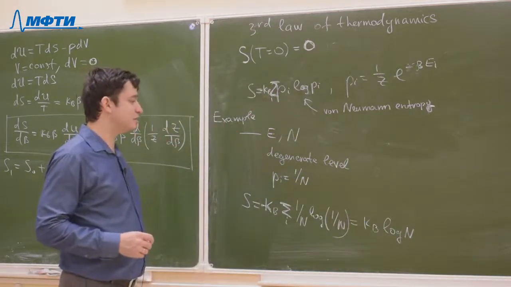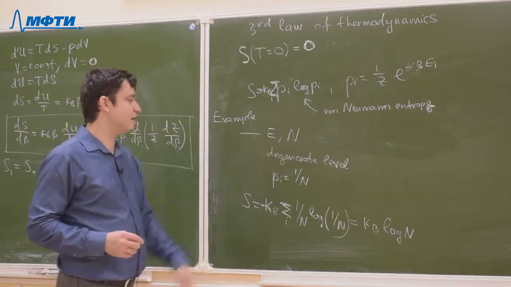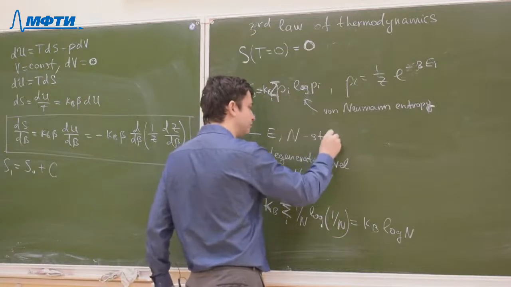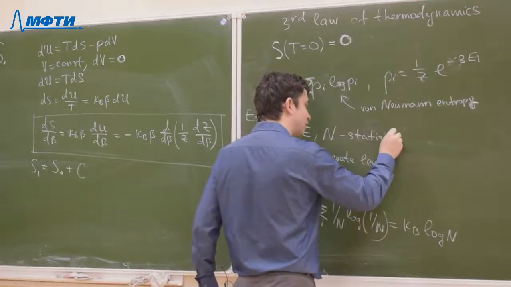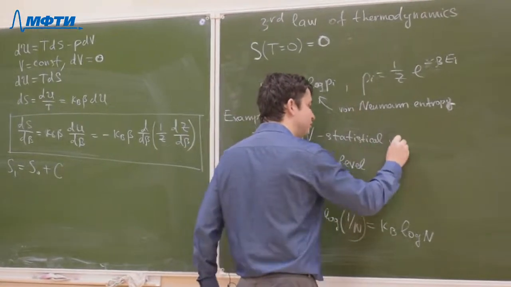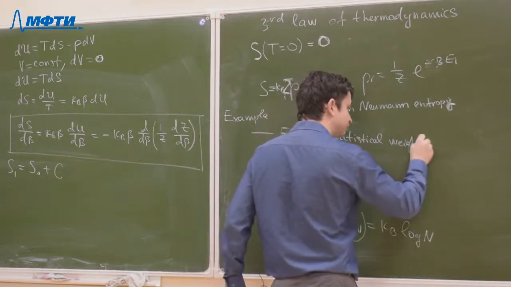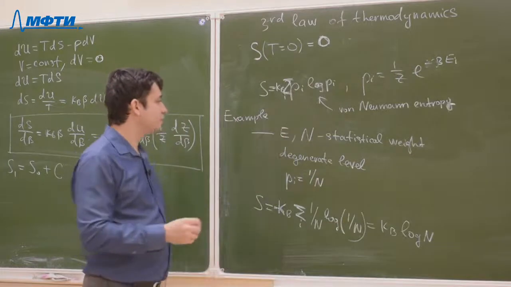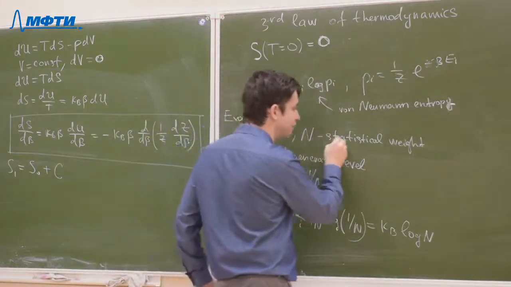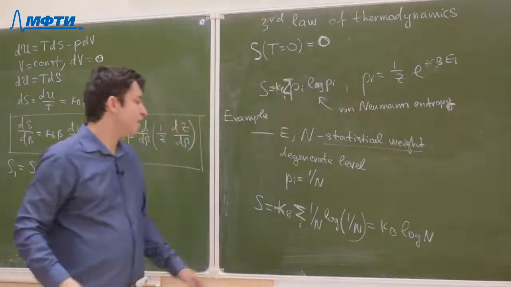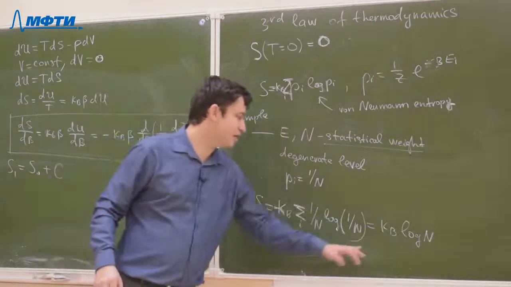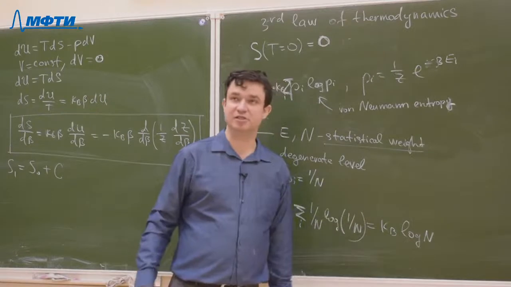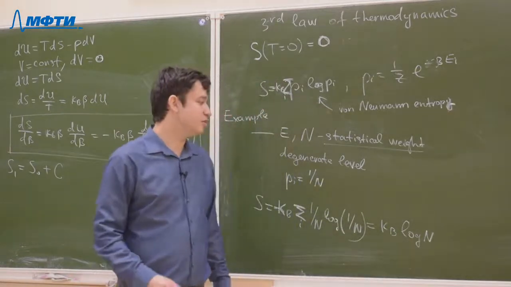In statistics, this number n is typically called the statistical weight of the system. So we now have here the statistical weight, and this expression, where we multiply Kb by the natural log of the statistical weight, is called Boltzmann entropy.